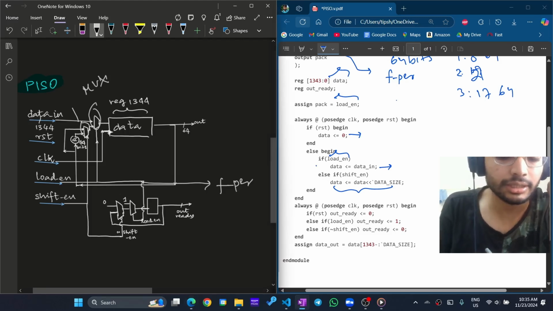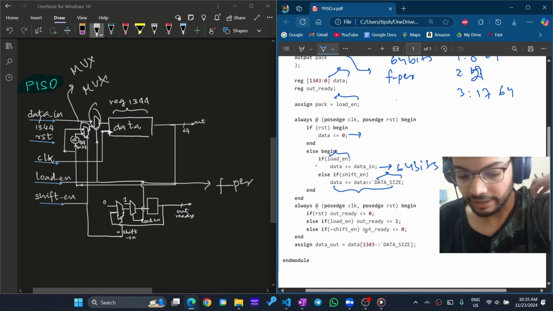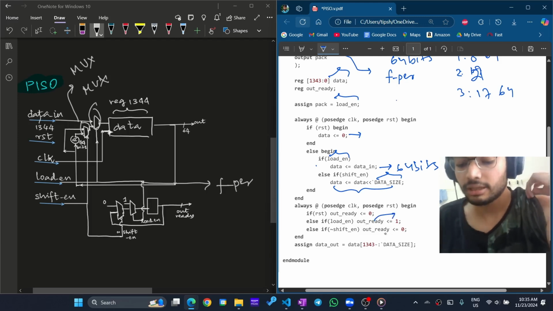So there is another mux to shift left, and this is the number of bits it's shifting. It is 64 bits here. And we have out ready, which is given by load enable. If the output was loaded, then the next cycle, the PISO register says the output is available and can be shifted into the FIFO.